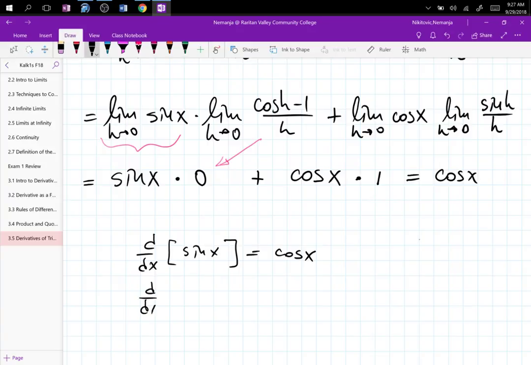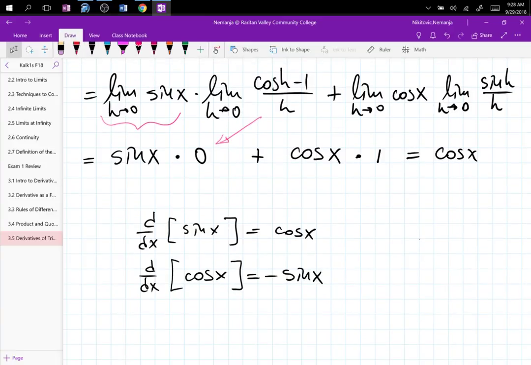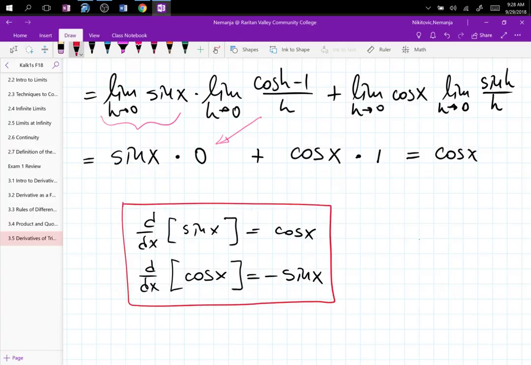Now the next one is d dx of cosine x, which is going to be equal to negative sine x. The calculation goes the same way. Those of you that are interested in mathematics and want to have a deeper knowledge and understanding, good effort, you can go and compute the other one.